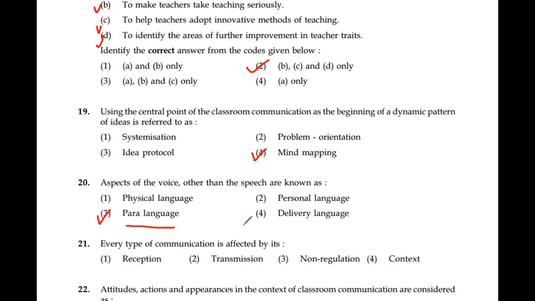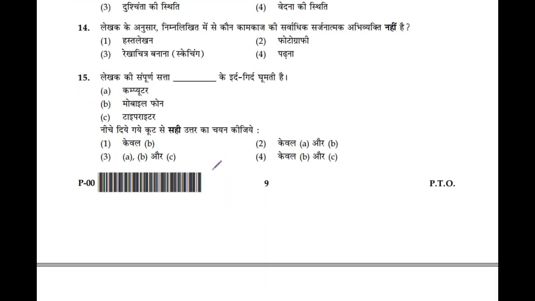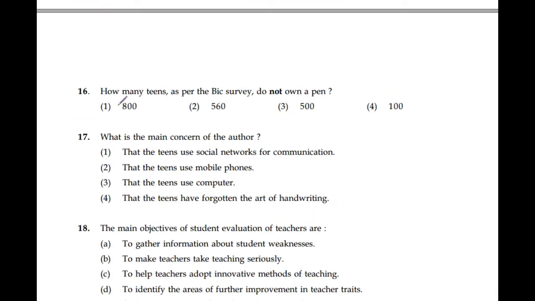So simply you can calculate 1000 divided by 10. So there is 100 teens who don't own a pen according to this passage. So the correct option is the fourth one.